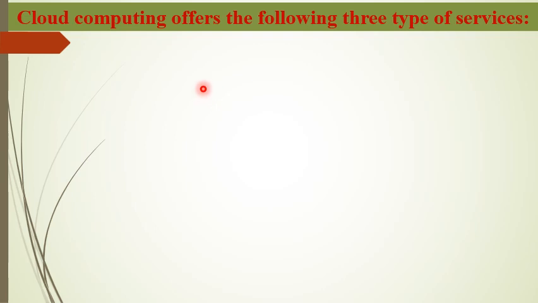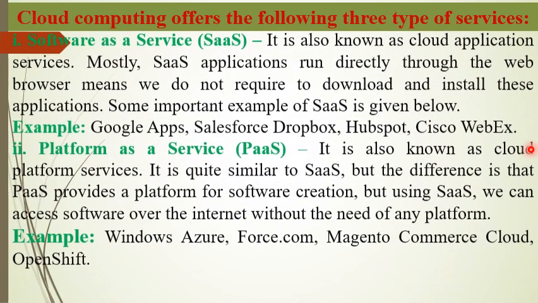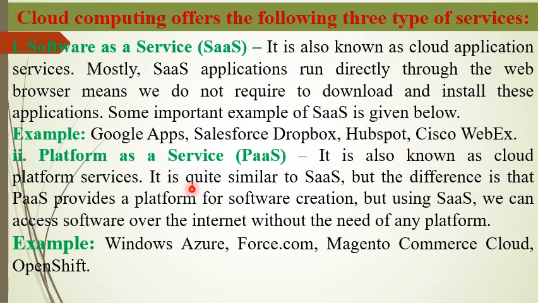Having known the components of cloud computing architecture, there are also services that are offered by it. The first one is platform as a service. It is also known as cloud platform service.